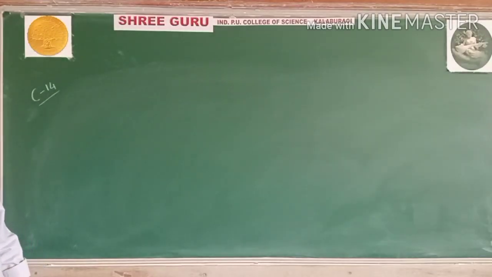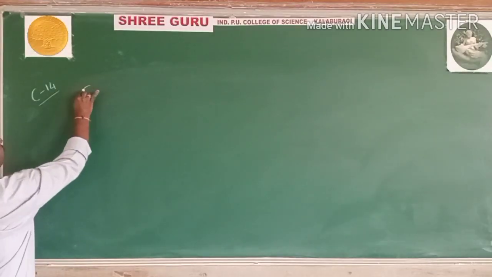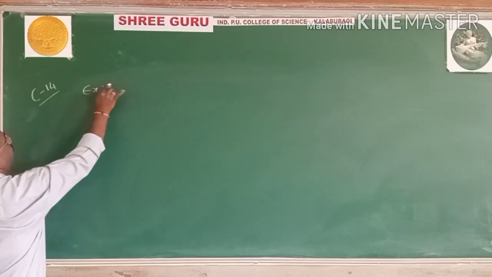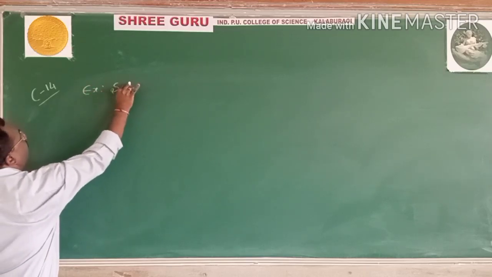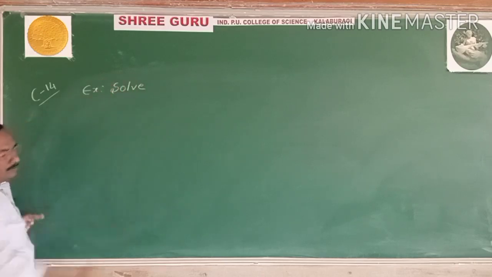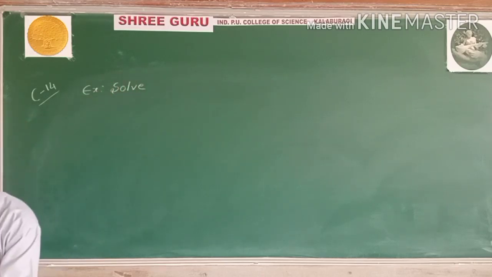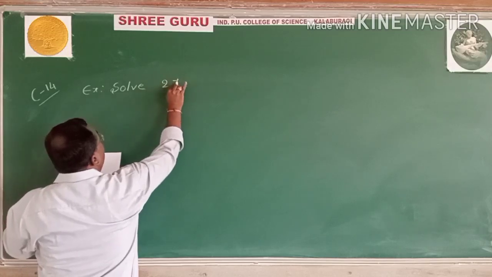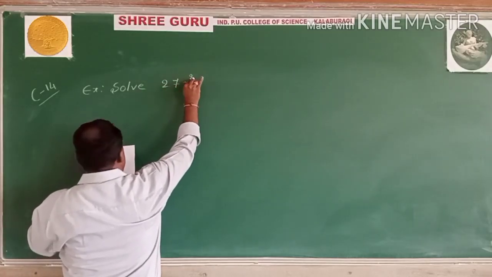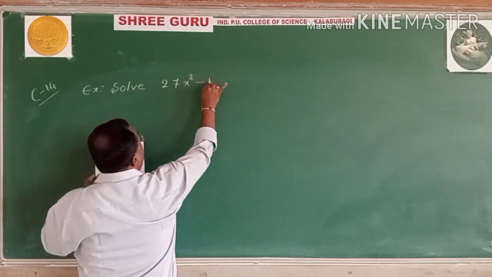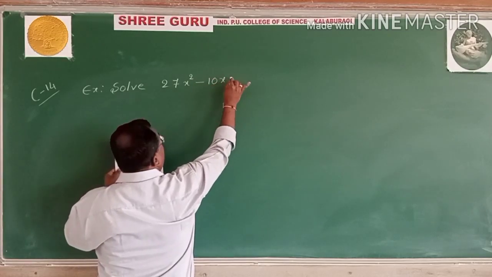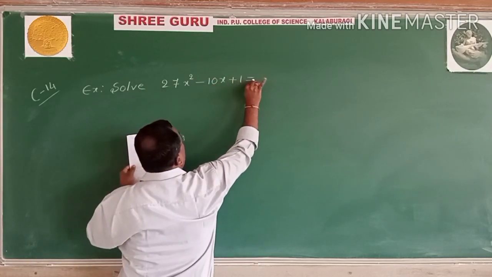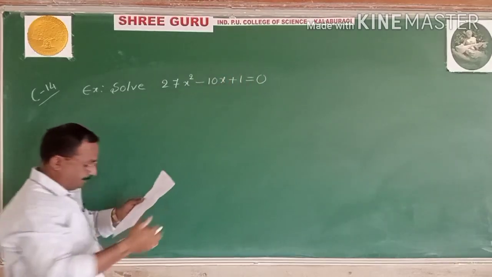Next, example number, write example: solve 27x square minus 10x plus 1 is equal to 0.